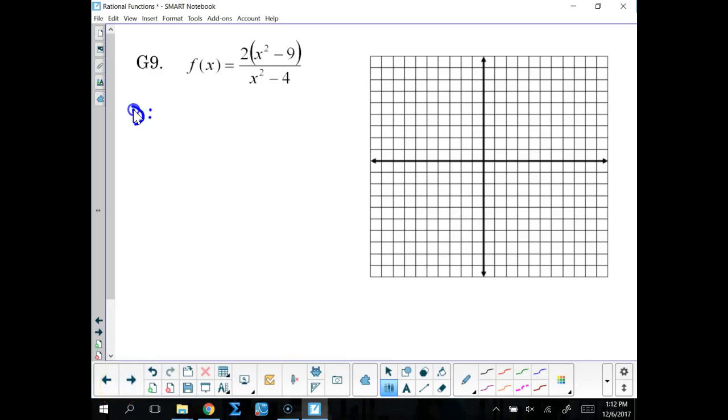What's the domain? All real numbers. Any exceptions?